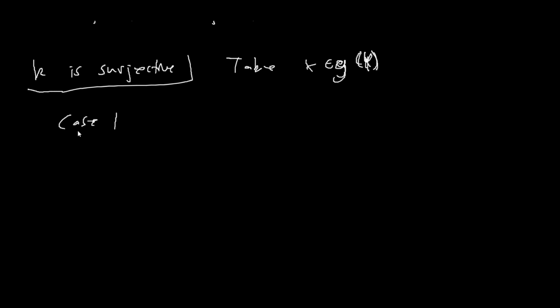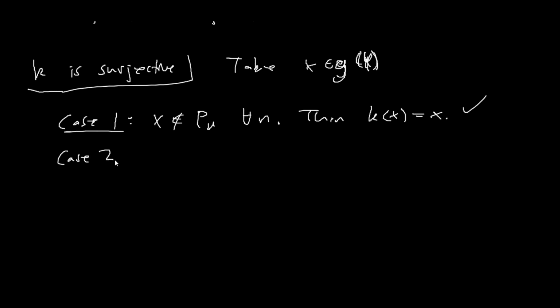So case 1, x is not in Pn for all n. But then again, by direct reading of K, that just means K of x equals x. So it's in the image of K. So that's simple.